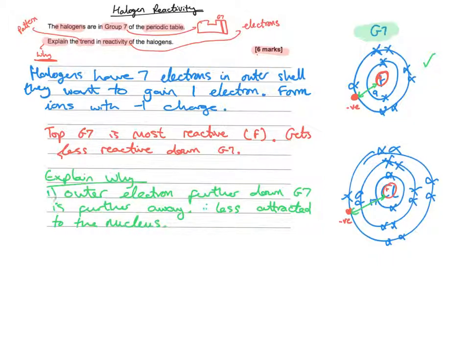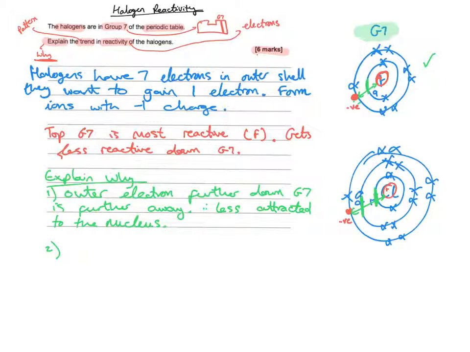Second reason is that on the fluorine, between the electron it's trying to gain and the nucleus, there's only one shell in the way, like one shell blocking the attraction. Whereas in this, there's two shells in between the chlorine nucleus and the outer electron, so there's two shells blocking the attraction. So we call this shielding. Because they're blocking the attraction, there's less attraction.